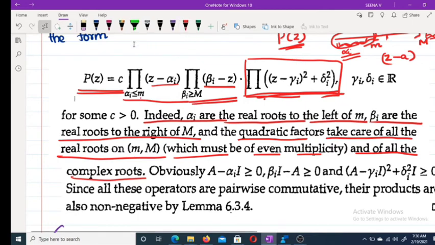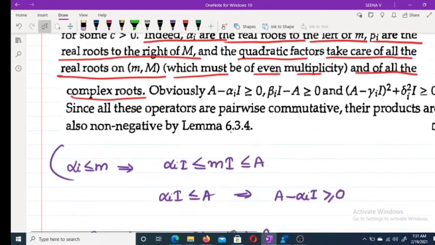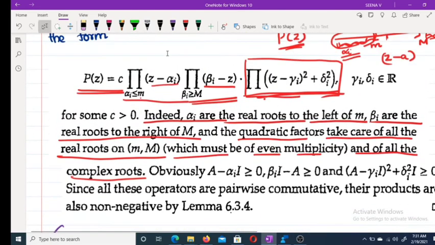Now, what about a minus alpha I? What about P of a? What is P of a?